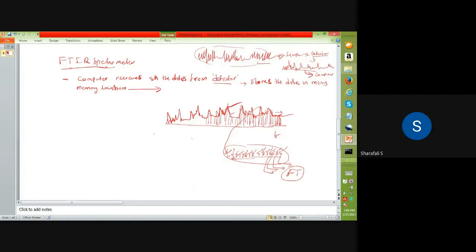So that is the basic operation. In order to store all this data, we need some large space in the system. And if you want to do a repeated experiment for the same data, because in some cases some noise can be present in your data.